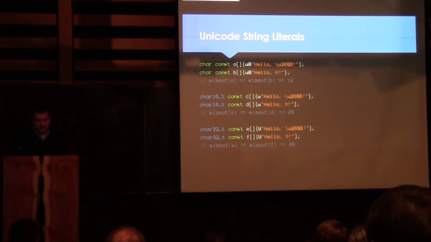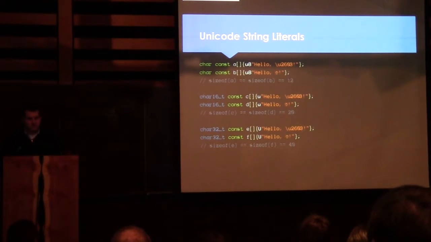In addition to having these code unit types, you can also have Unicode string literals. These have new prefixes. It used to be that you could have no prefix or an L prefix for wchar_t. Now there is a u8 prefix, which means a UTF-8 string literal.